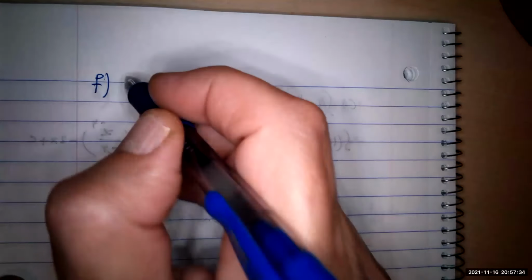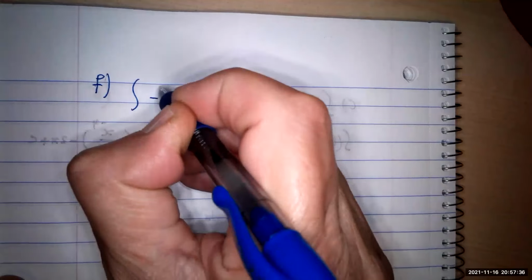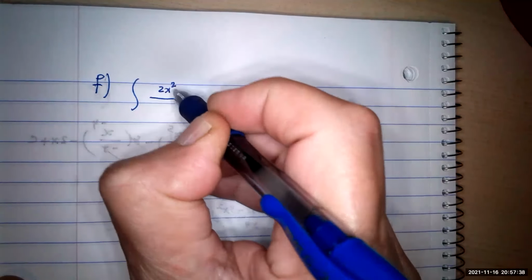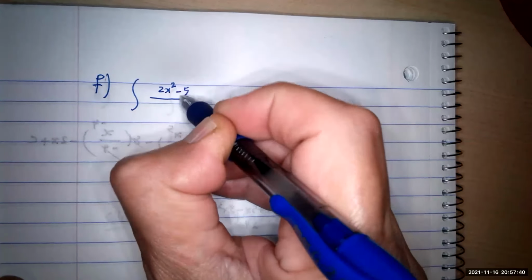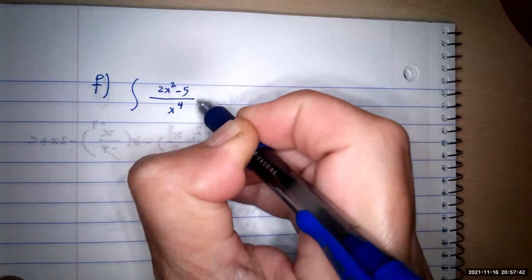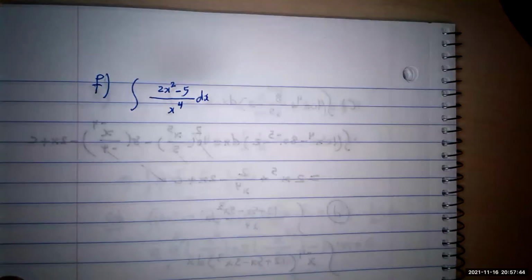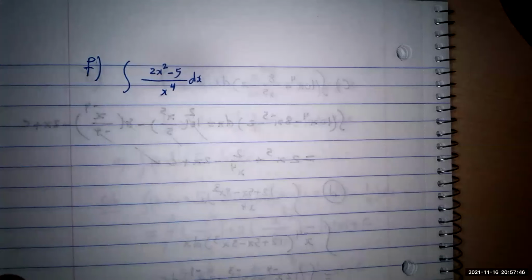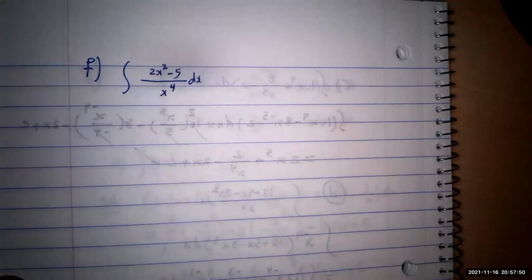So finally this is the integral of 2x squared minus 5, divided by x to the fourth, dx. You know what to do, you have to move it up. We move it up, it's x to the negative 4, but we multiply by the top.